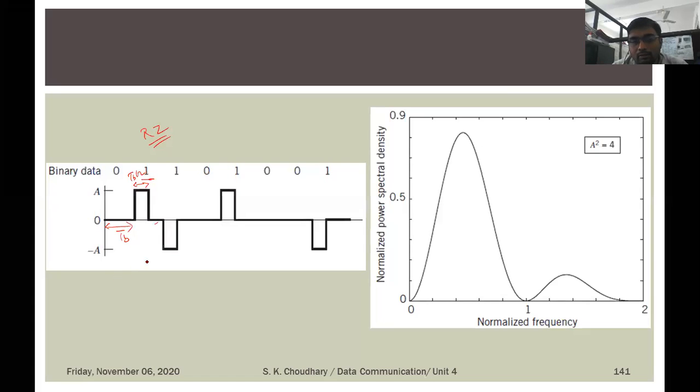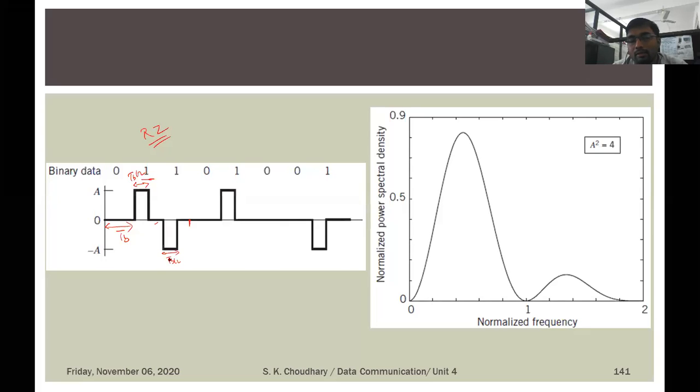But if the next 1 comes, this signal goes to amplitude minus A for half of the bit period, and for the rest of the half of the bit period it goes back to 0. So the pattern of this bipolar RZ is very different from polar RZ.